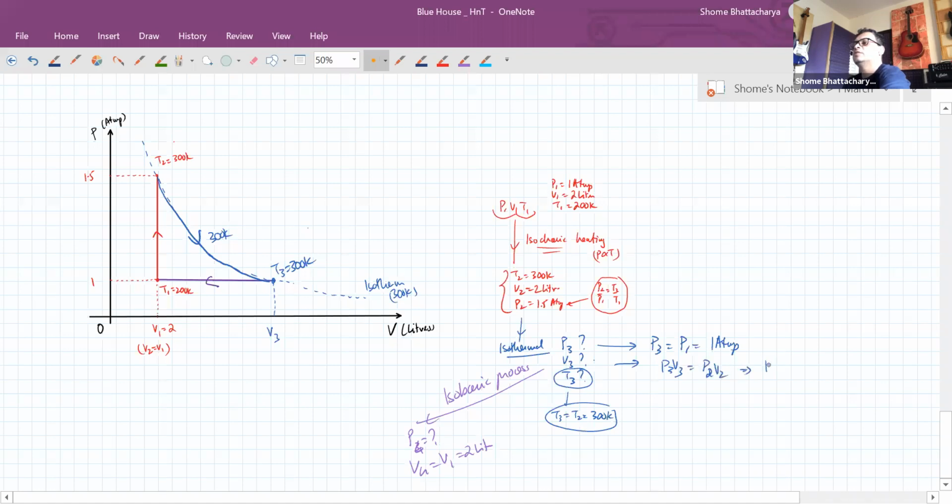From that we know that V3 is equal to 1.5 times V2, so 3 liters. That's how we know that this must be 3 liters. Only then we can come back isobarically to our original state.